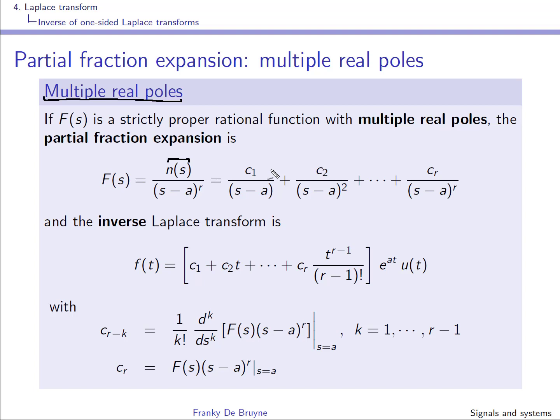Okay, so when we do the partial fraction expansion, we need r terms, and here they are. Okay, so it makes sense. This is a polynomial of degree r, so we need r coefficients to express the partial fraction expansion. And then when we do the inverse Laplace transform, this is what you obtain.